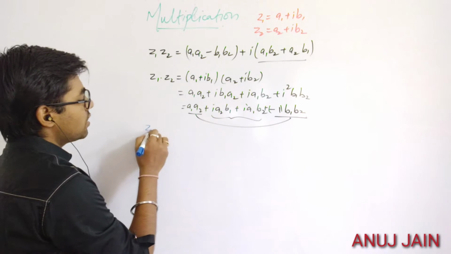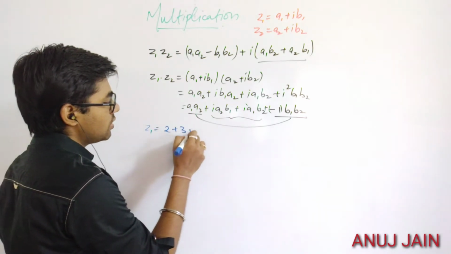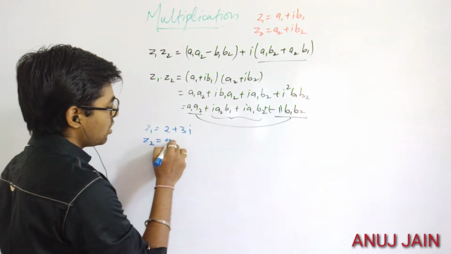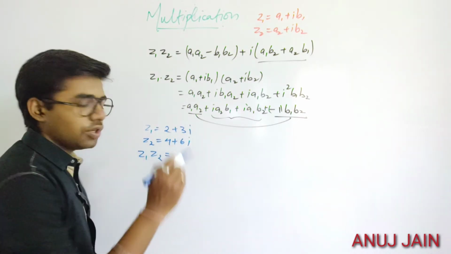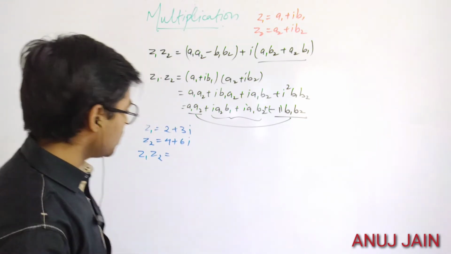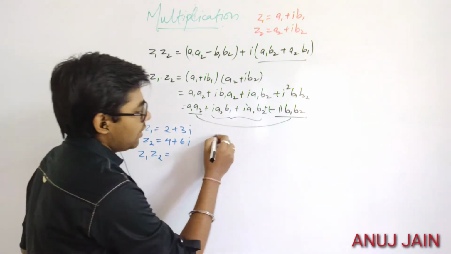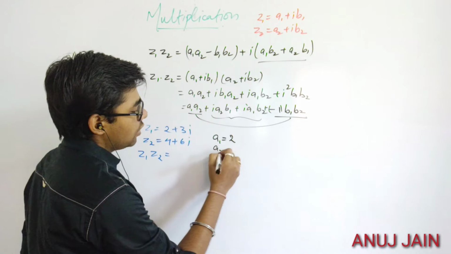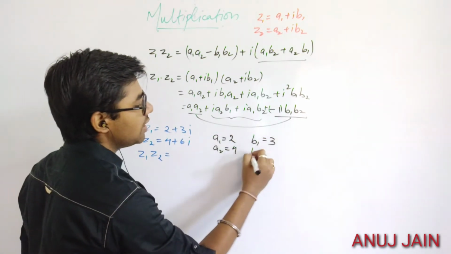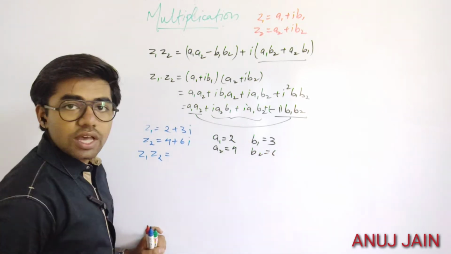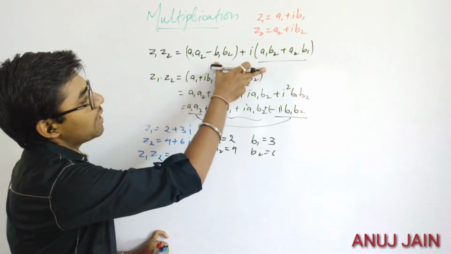Let us take an example that Z1 is equal to 2 plus 3i, Z2 is equal to 4 plus 6i. Then we have to find what is Z1 into Z2. तो हमें क्या देखना है, देखिए A1 की वैल्यू है 2, A2 की वैल्यू है 4, B1 की वैल्यू है 3, B2 की वैल्यू है 6. हमें क्या करना है, बस ये फॉर्मूला अप्लाई करना है.